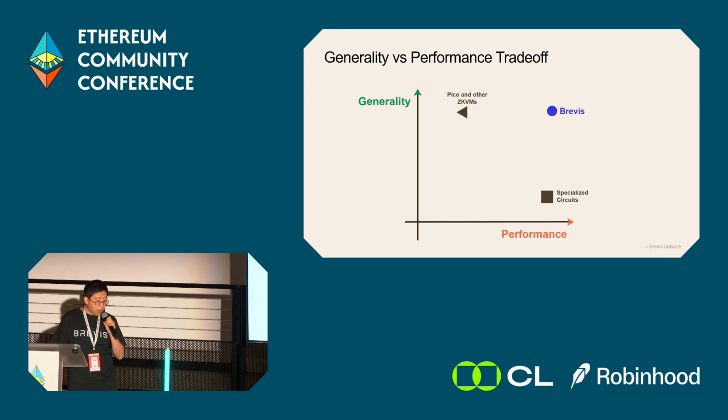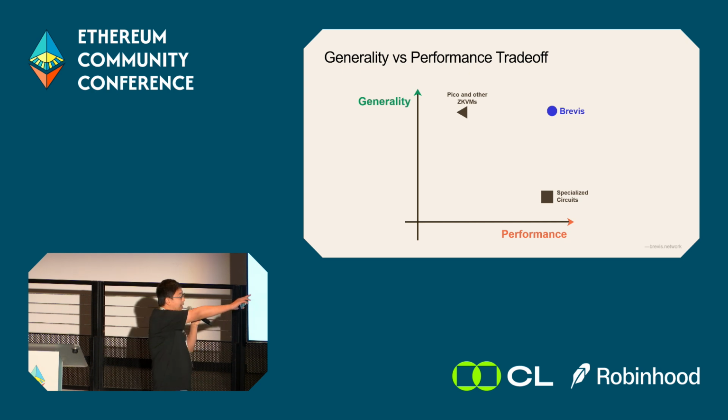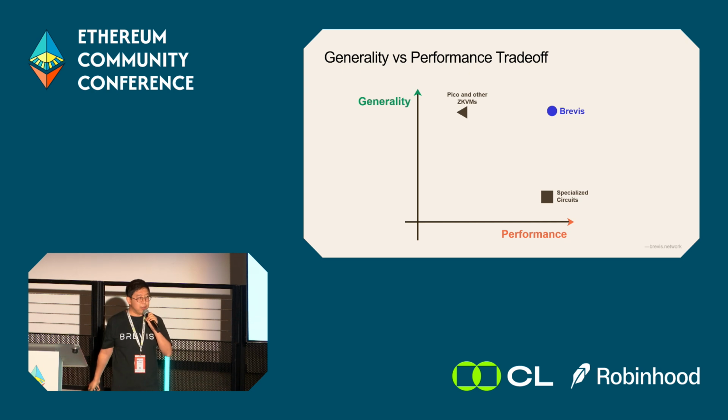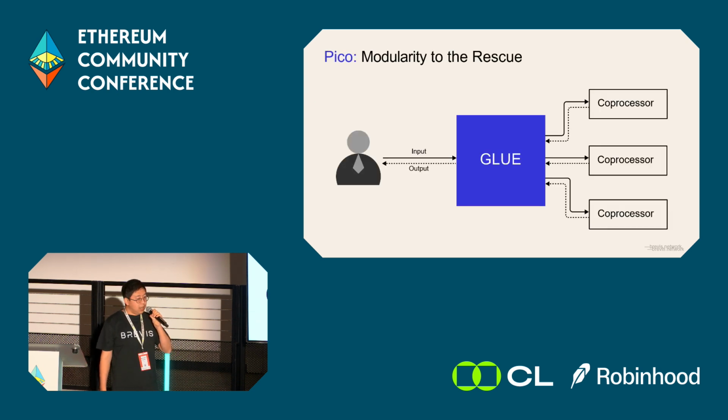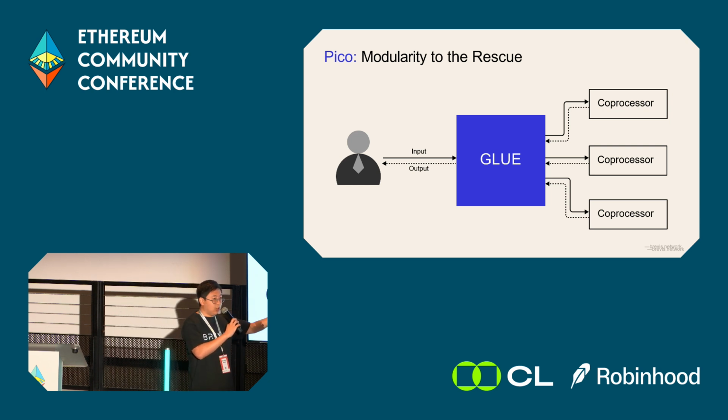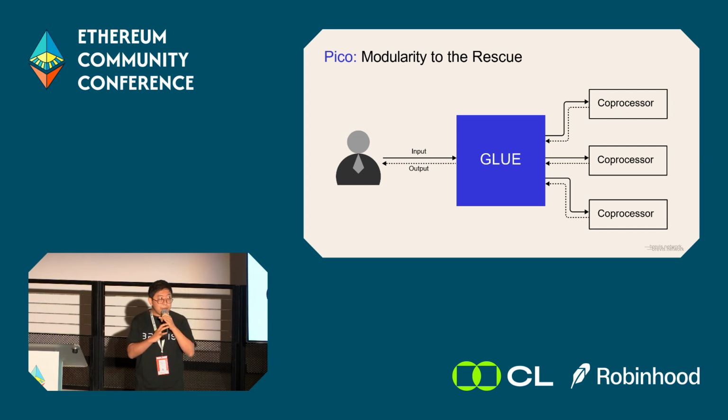So what we want for Brevis as a whole platform, not just a single piece of technology, is to operate at the sweet spot of both high generality and high performance. Well, how do we do that? This is where the modularity of Pico comes to the rescue, where we treat Pico zkVM just as glue to glue together many different kinds of specialized computation.